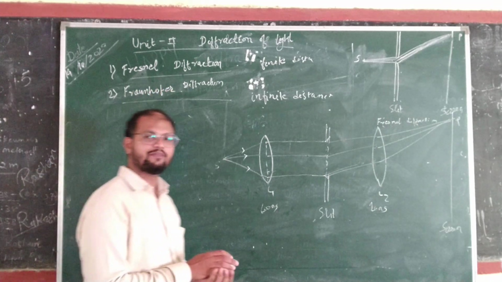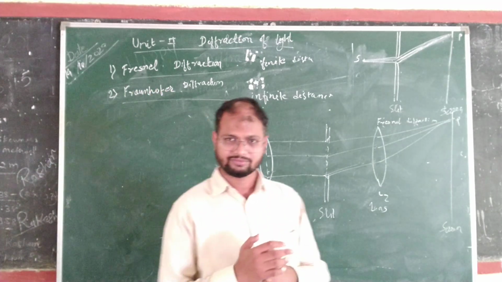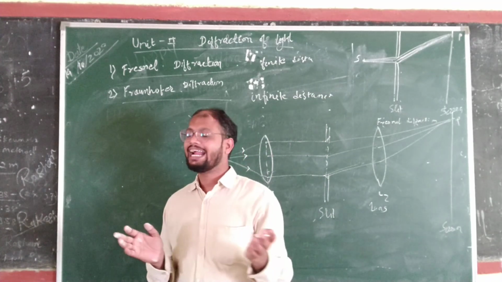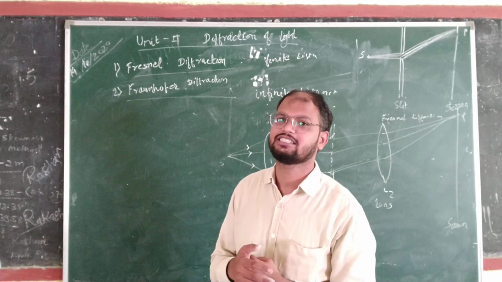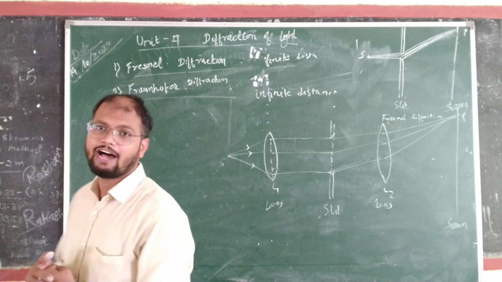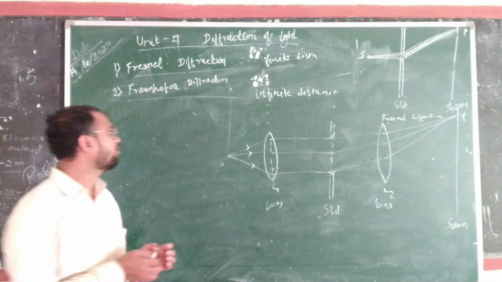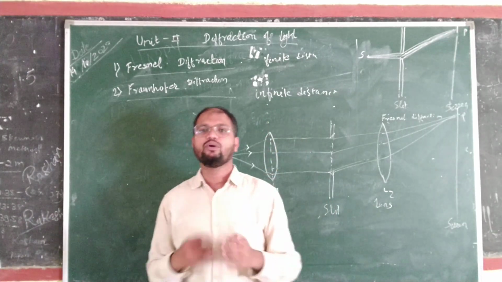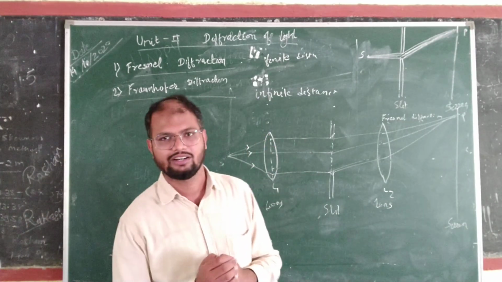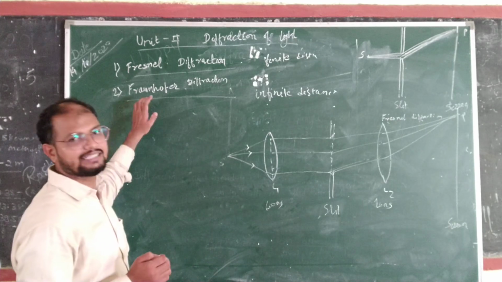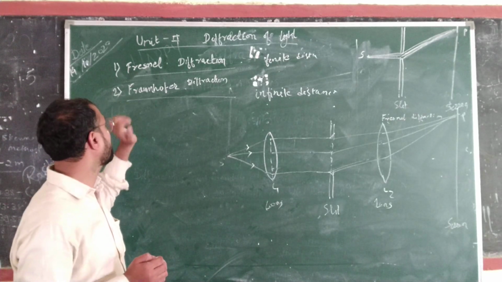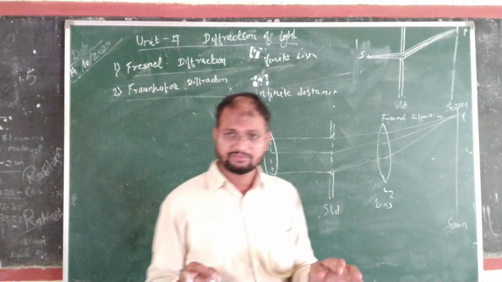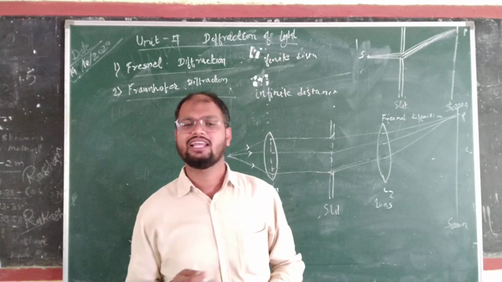And in the Fraunhofer case, the screen and the source are at infinite distance from the obstacle or aperture. Therefore, in Fraunhofer diffraction, we require lenses or mirrors. In Fresnel diffraction, we do not require lenses or mirrors.